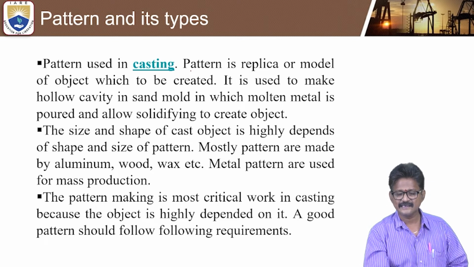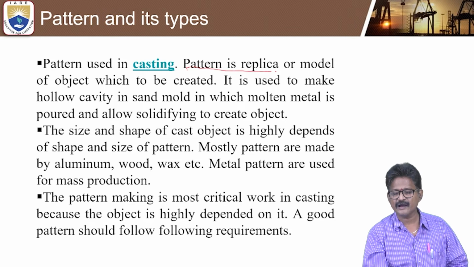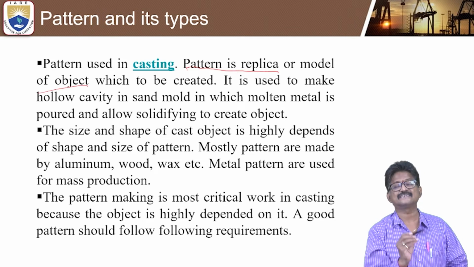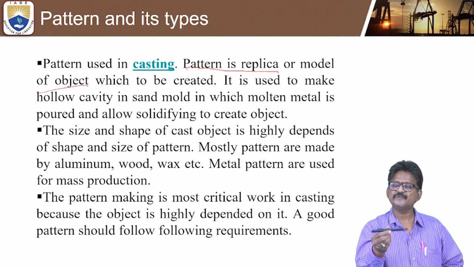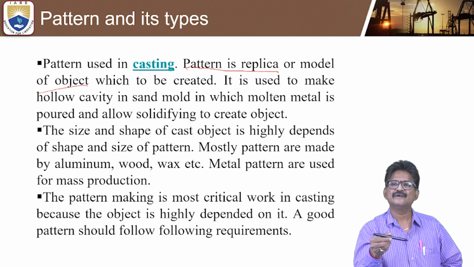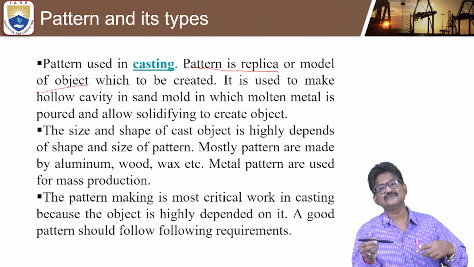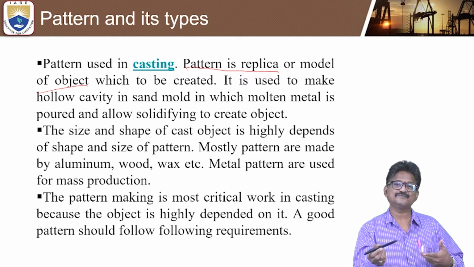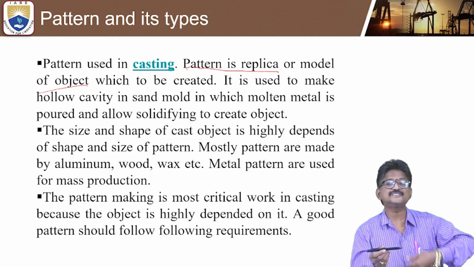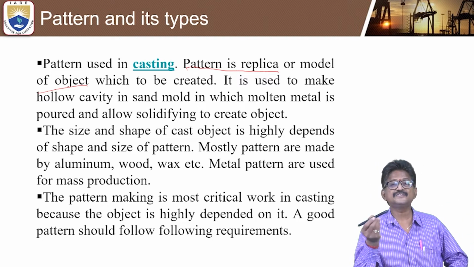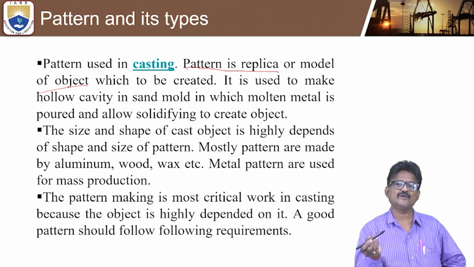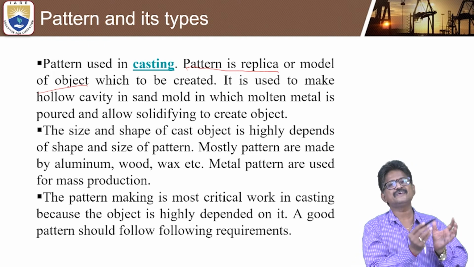A pattern is a replica or model of an object. Suppose I want to manufacture this pen; if it is a plastic material, we can't use the casting process for it. What about complex shapes? For complex shapes of an object or component, first you should prepare a pattern.